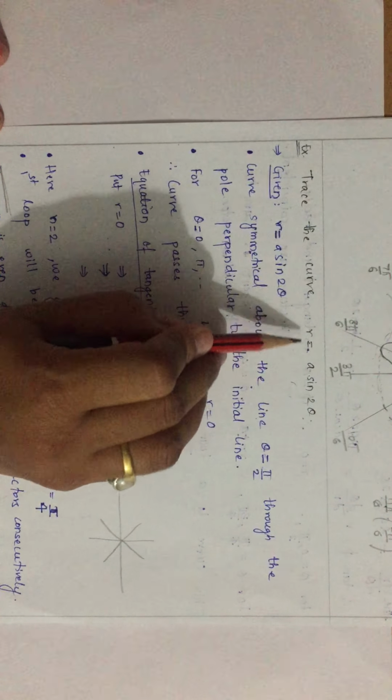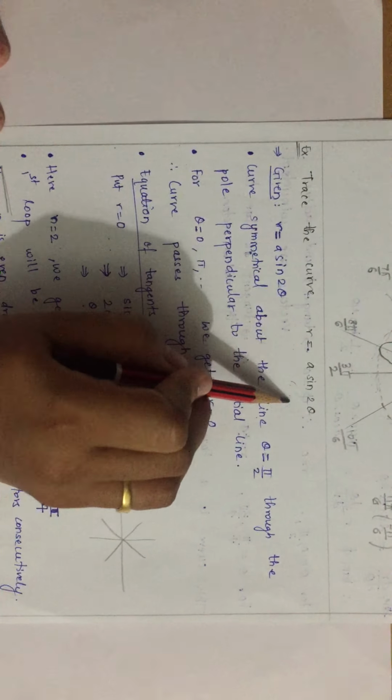Since it is r equal to a sin n theta, the first loop will be drawn along theta equal to pi by 2n. Here n is equal to 2, that means the first loop will be drawn along theta equal to pi by 4. So the first loop will be drawn on this line. It lies in the sector theta equal to 0 to pi by 2, so the first loop will lie between this sector.